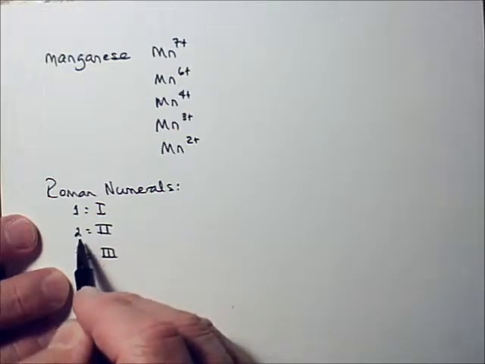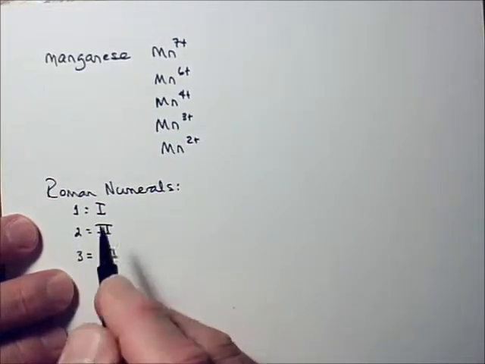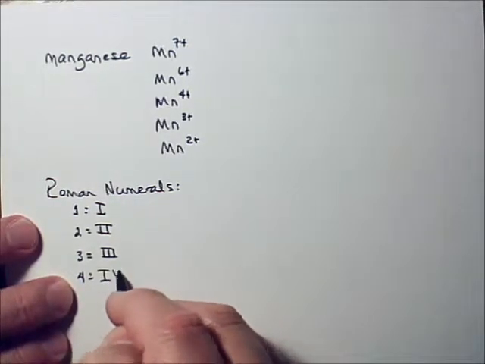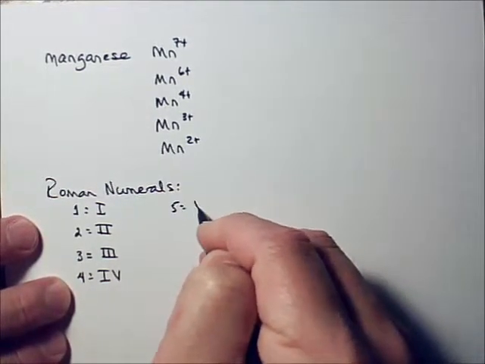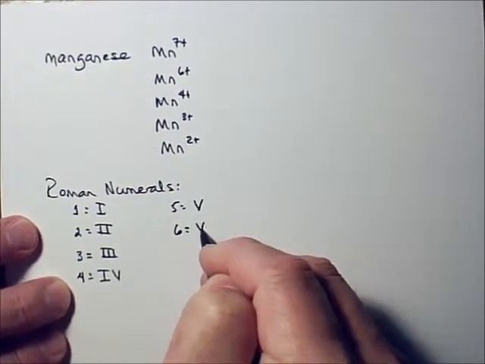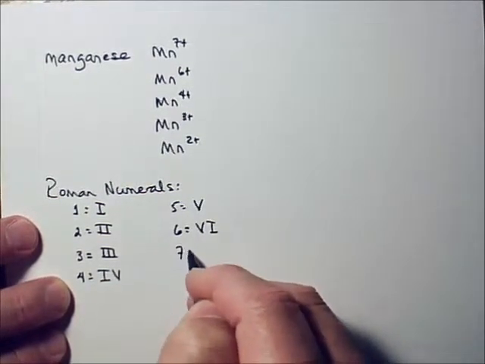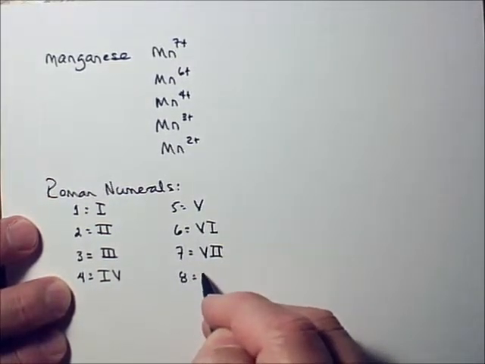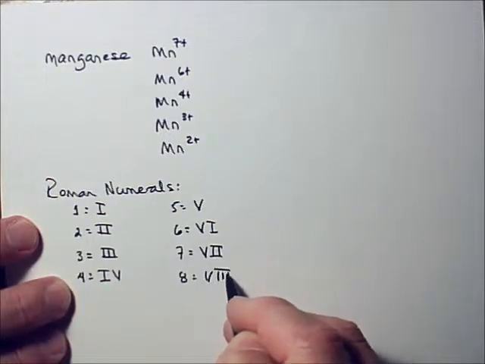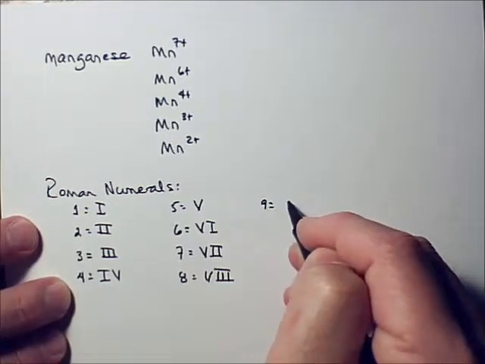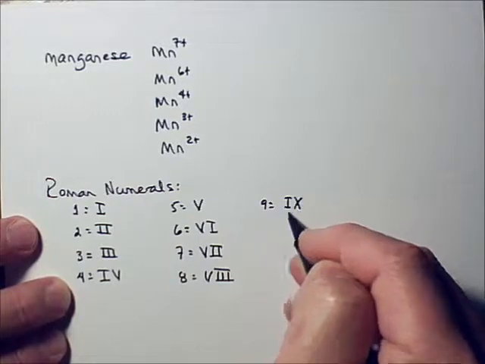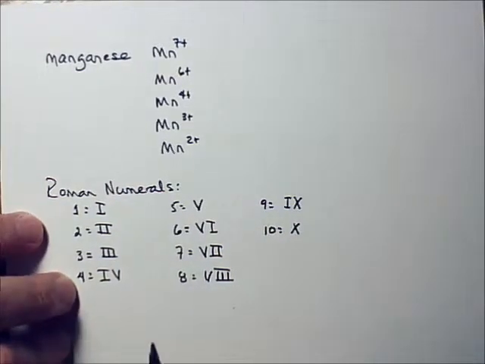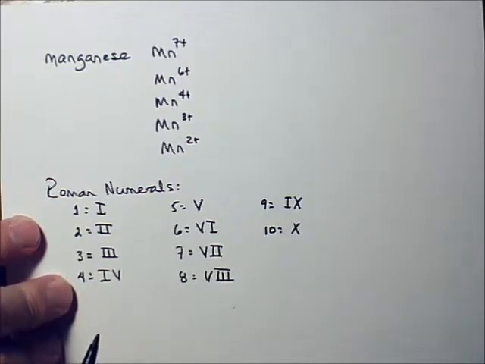A capital I is 1, II is 2, III is 3, 4 is IV, 5 is V, 6 is VI, 7 is VII, 8 is VIII, 9 is IX, and 10 is X. This is how they number the Super Bowls. Okay?